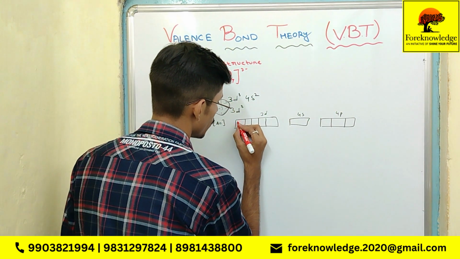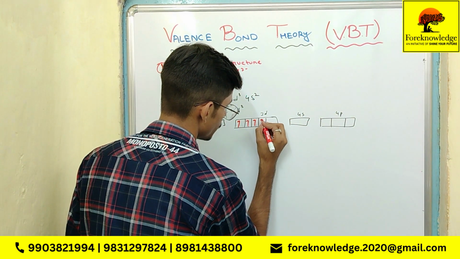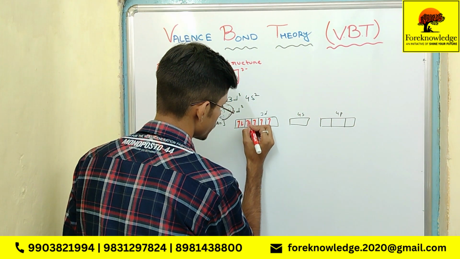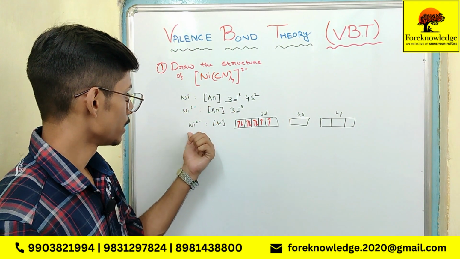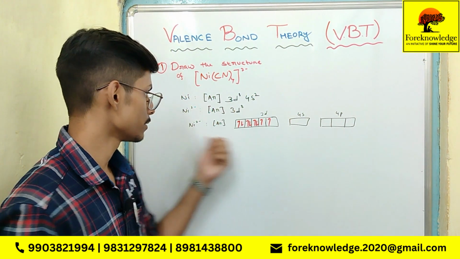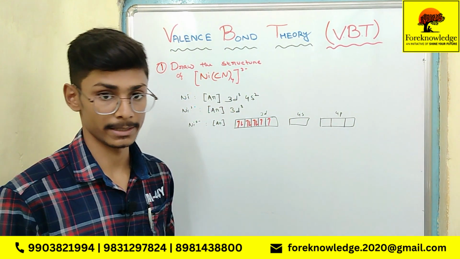So 1, 2, 3, 4, 5, 6, 7, 8. Okay. So this is the schematic diagram of Ni2 minus.